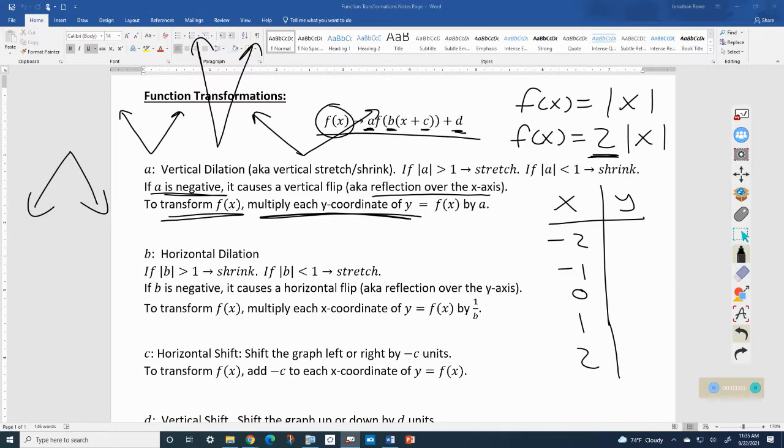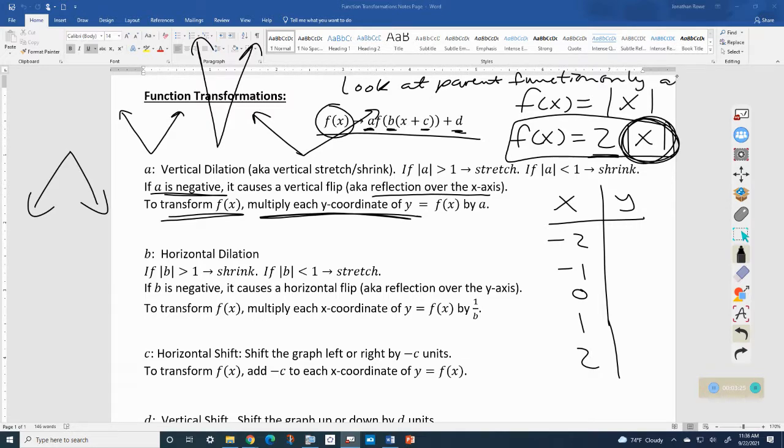So if we have an xy chart, and we have these numbers in it, then let's just say we were doing the absolute value of x. First, I wouldn't look at any of the transformations. I'm going to ignore the 2 for now. I'm only looking at the parent function only at first.